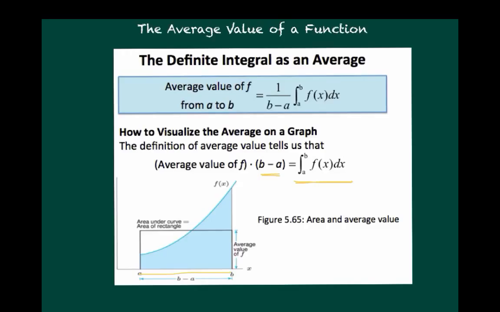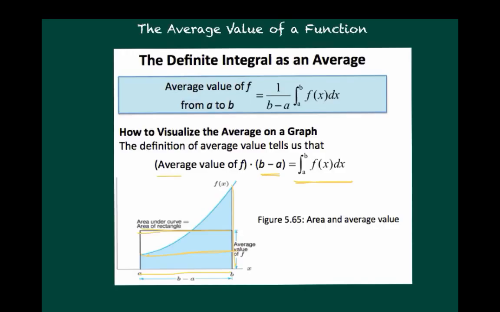times the height. Now, we can't multiply by the total height, that would overestimate it. And we can't multiply by the lowest height, that would clearly underestimate it. But if we measured by the average height, then that would overestimate a bit, but also underestimate a bit. And that could actually equal the actual area.